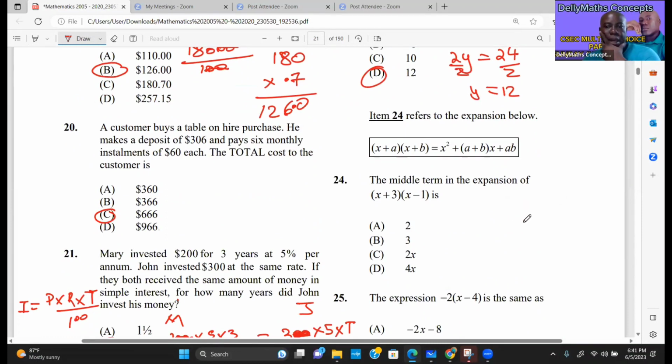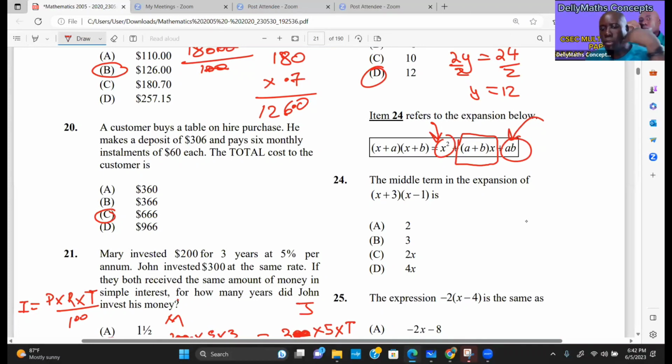The middle term in the expansion. So you want to know what the middle term is. The middle term is a piece in the middle, like this is the middle term, this part. First term, last term, middle term. So first would be this part, the last would be that part, and the middle part is the middle.